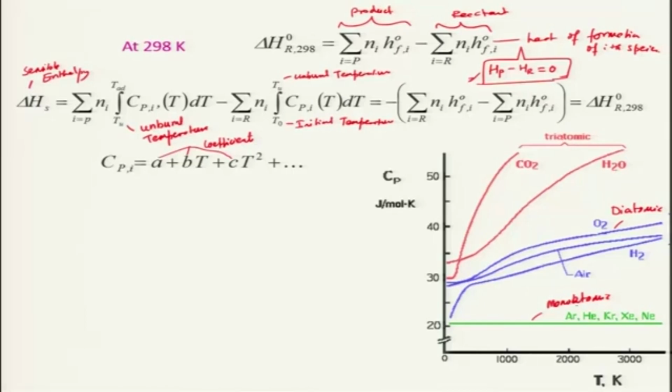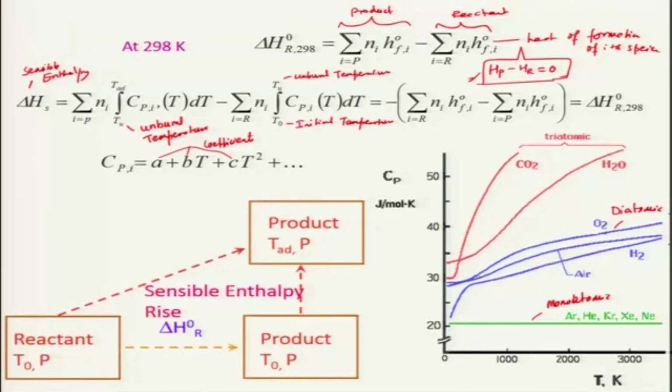So, you can see that for monoatomic it does not change with respect to temperature, but the diatomic it is changing and it is not linear. So, therefore, you will have to fit it with polynomials, and of course, the triatomic carbon dioxide is a product which will be there all the time. It very clearly says that Cp is a function of temperature, particularly for diatomic and triatomic molecules.